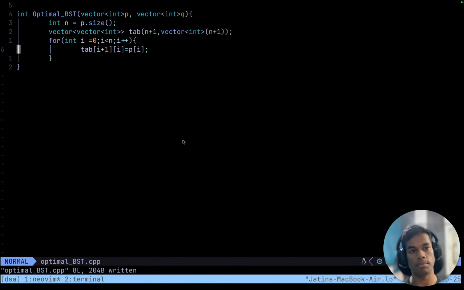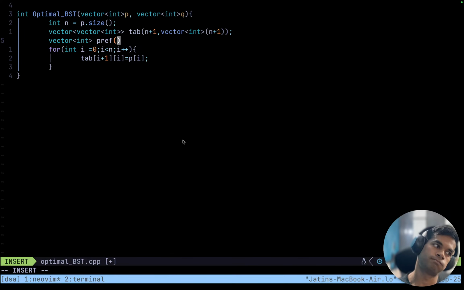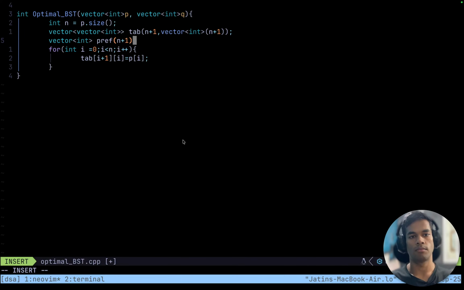And we also need a prefix sum vector, which will be one dimensional. The size would be two dimensional, no, it doesn't need to be two dimensional. Nope, it doesn't need to be two dimensional.